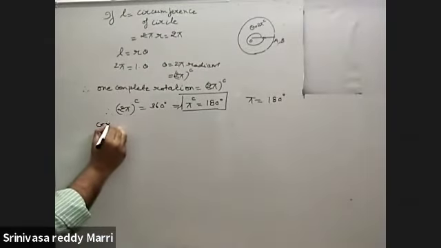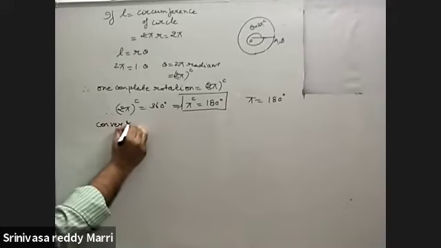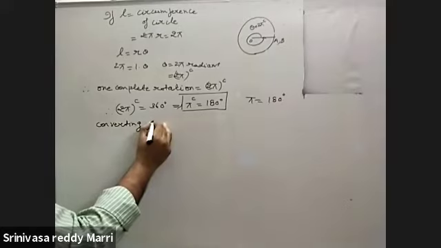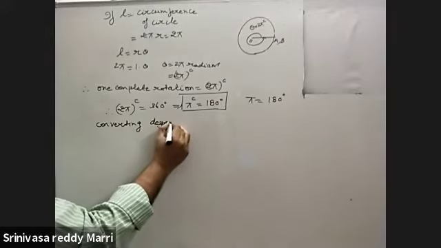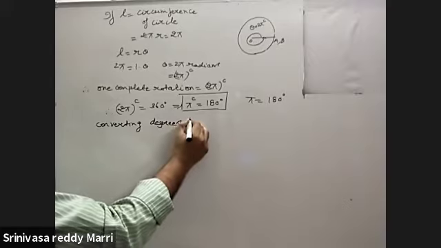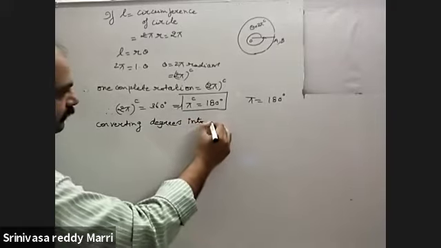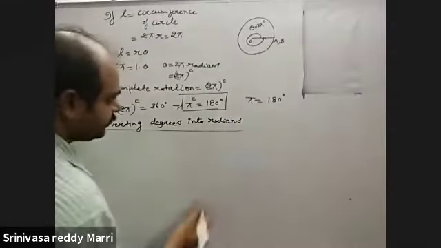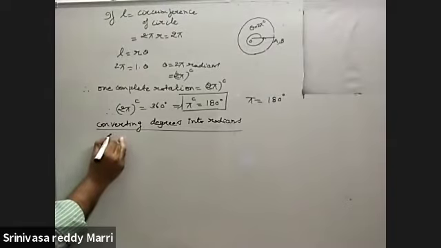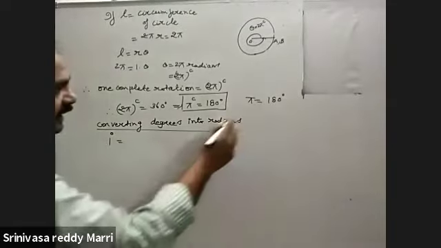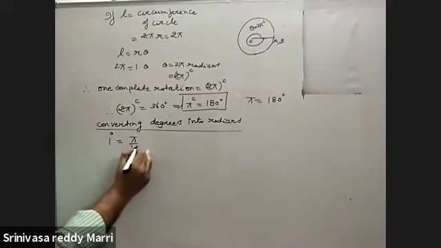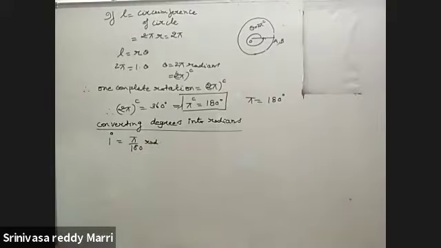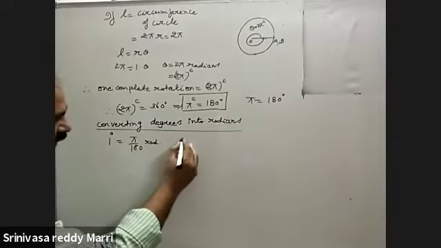Converting degrees into radians: we will use the formula that 1 degree is nothing but pi by 180 radians.